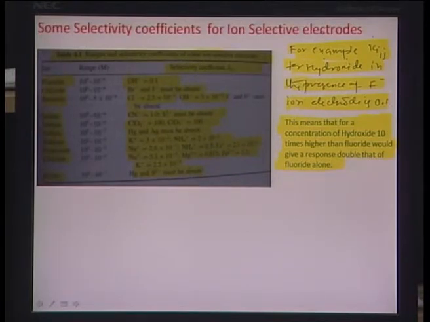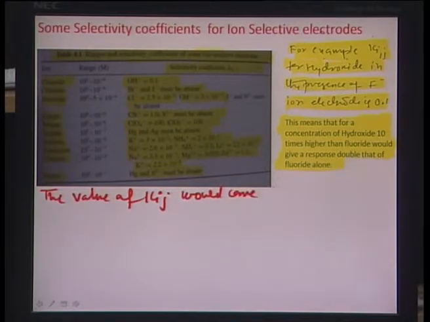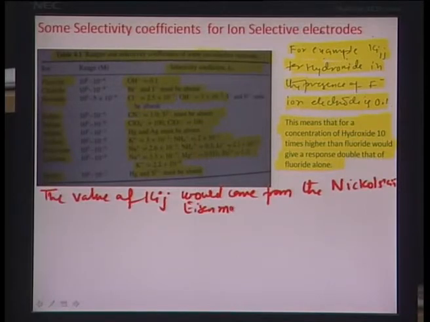Let us also look at one more aspect, how to determine the value of Kij, and I would like to do some derivations here. When we were talking about the Nikolsky-Eisenman equation, the value of Kij would come from the Nikolsky equation.